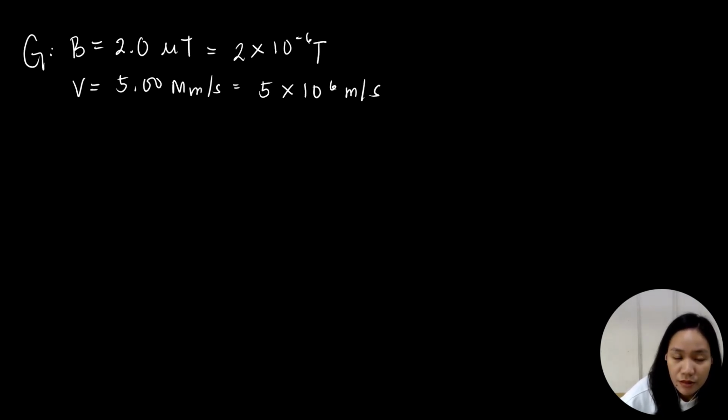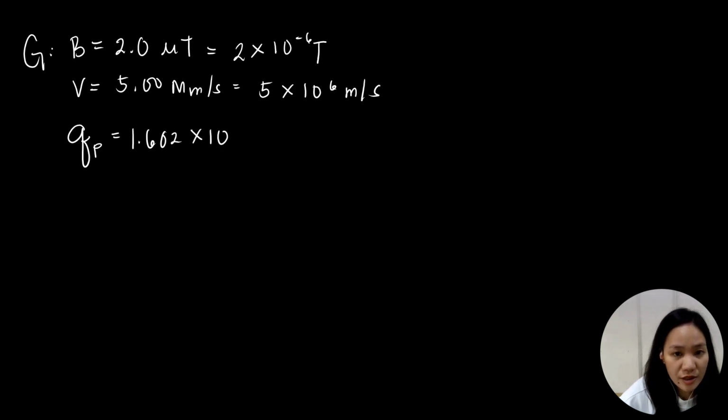And as for the charge, it was not directly stated, but the question suggests a proton moving in a magnetic field. So the charge would be the charge of a proton, and that is 1.602 times 10 raised to negative 19 coulombs.